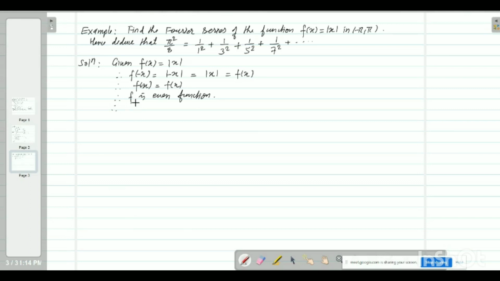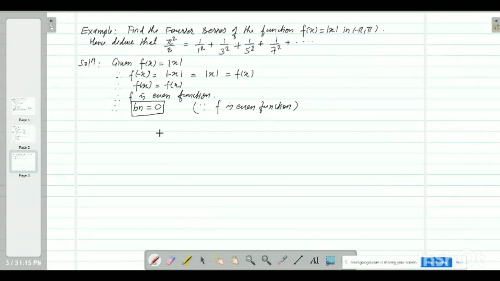Therefore we have bn equal to 0, since f is an even function.